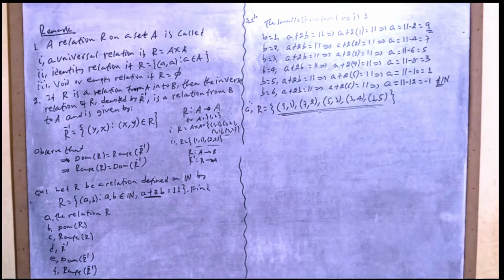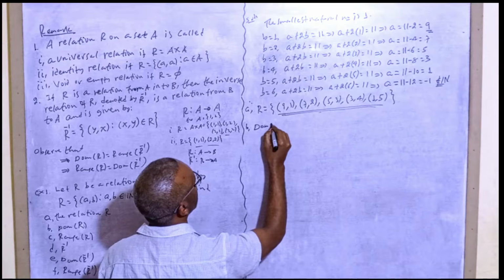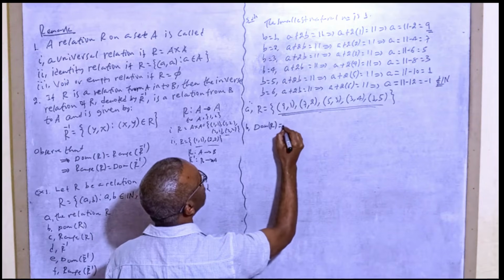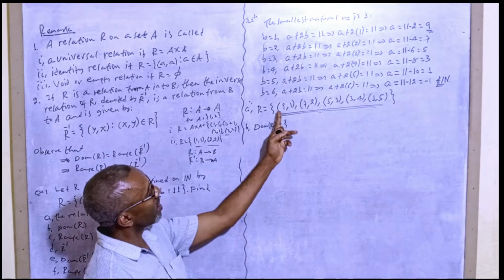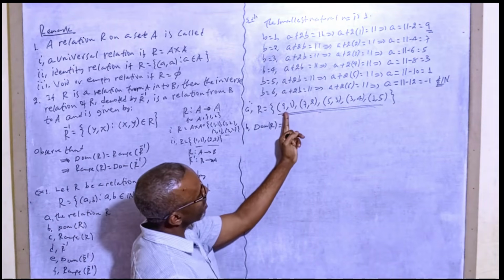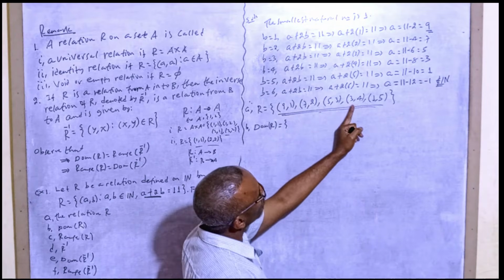Next, let's find the domain of R. What is the domain of R? It is the set containing the first coordinates of our relation. The first coordinates are 9, 7, 5, 3, 1.